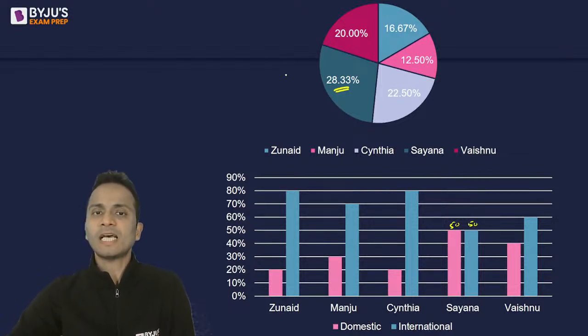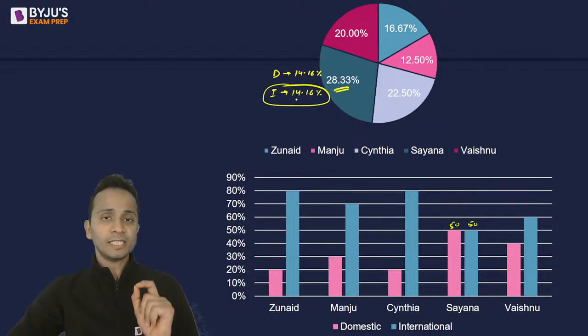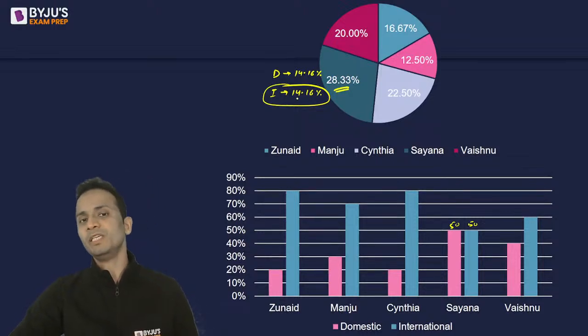So for Saina, domestic will be half of this, that is 14.16 percentage, and international will also be 14.16 percentage. So for Saina, the distance traveled internationally will be 14.16 percentage of 6 lakhs.